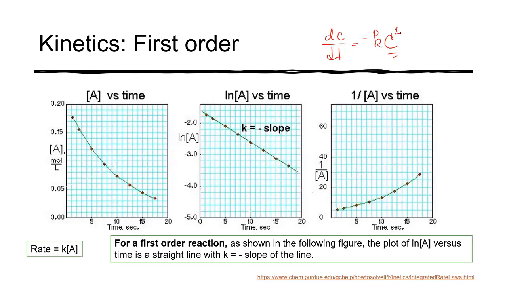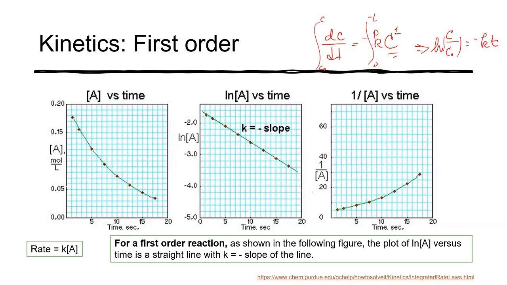And if we integrate this expression from C naught to C and from time 0 to time t, we end up with the equation log of C over C naught is equal to minus kt.